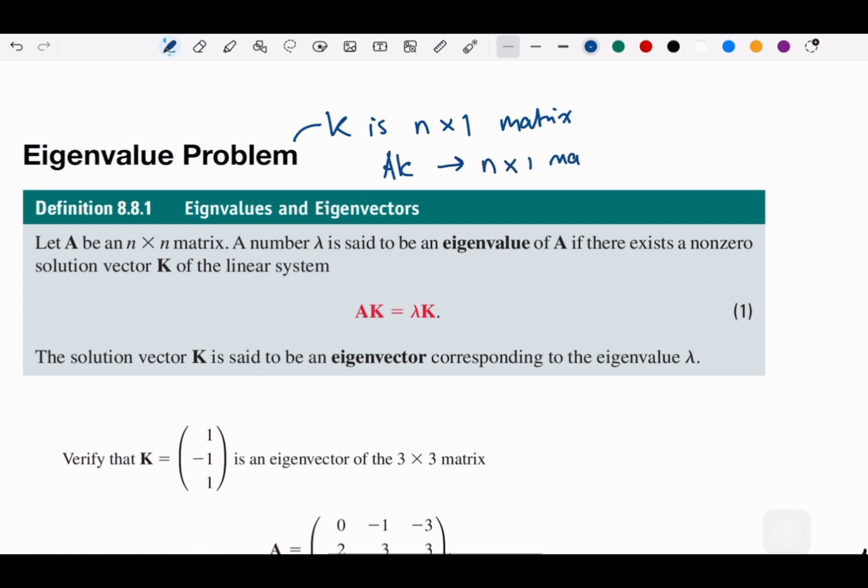Okay, so A is an n by n matrix. If we multiply A and K, you will see that it will result in n by 1, right?